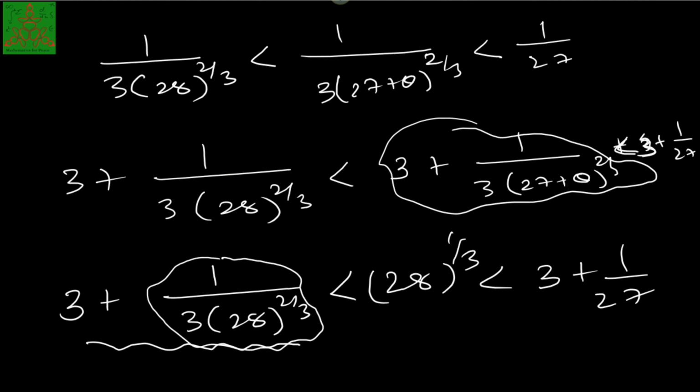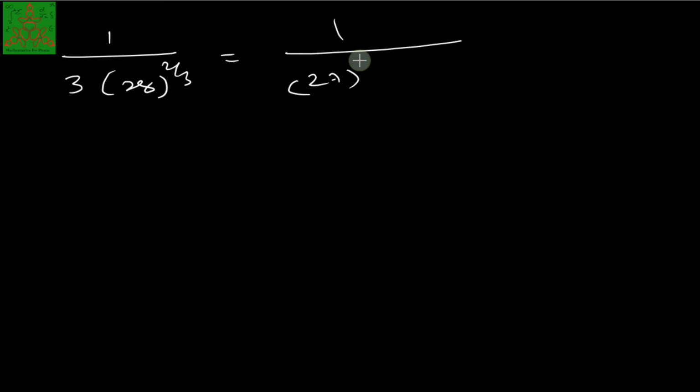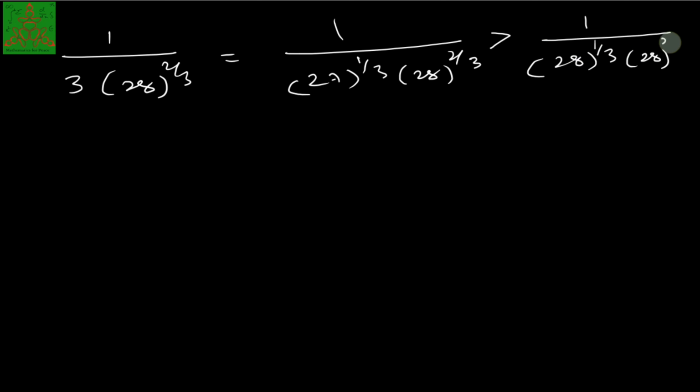So you just observe that 1 upon 3 into 28 raised to 2 by 3, I may write as 27 raised to 1 by 3 into 28 raised to 2 by 3, which is greater than 1 upon 28 raised to 1 by 3 into 28 raised to 2 by 3, because 27 is smaller than 28.